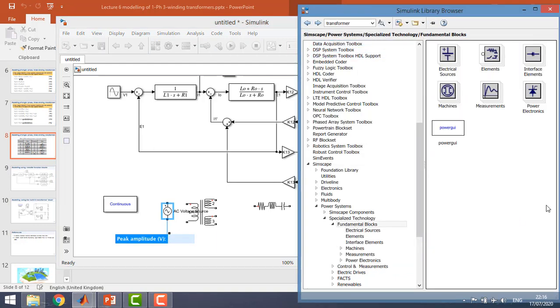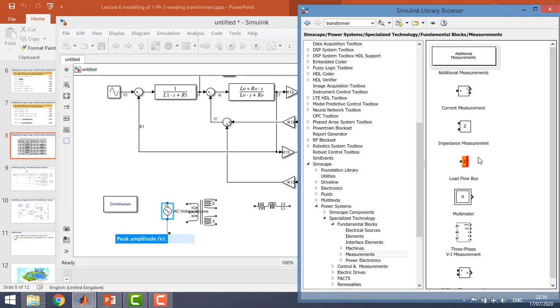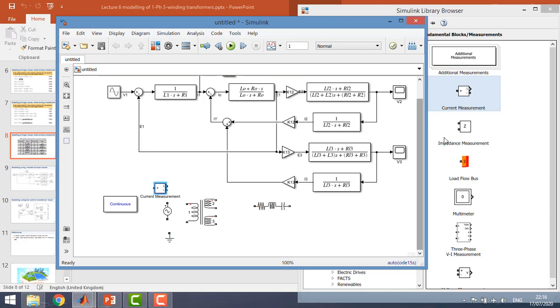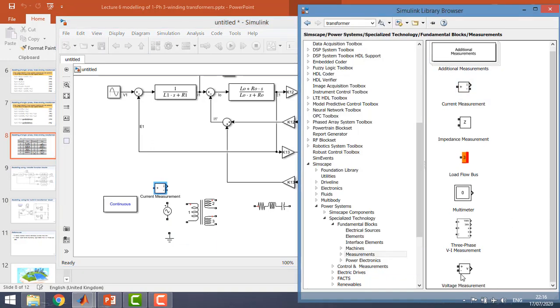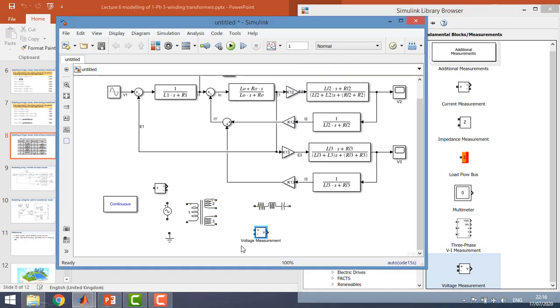And we need to find current and voltage measurements, single phase current and voltage measurements.